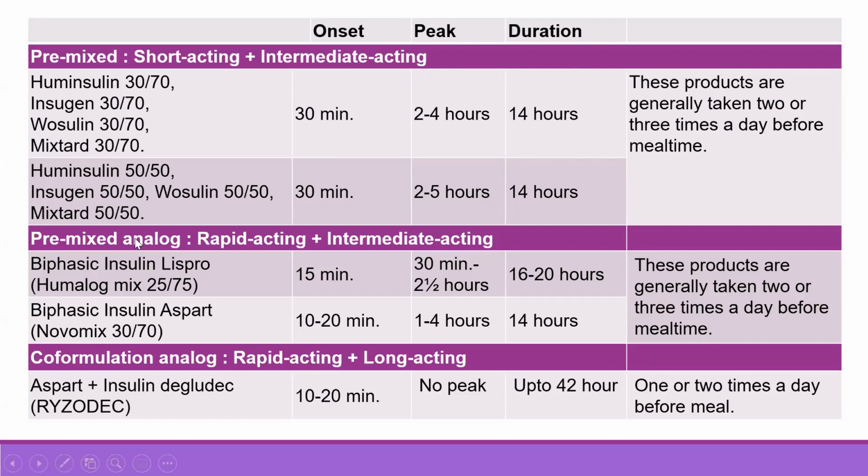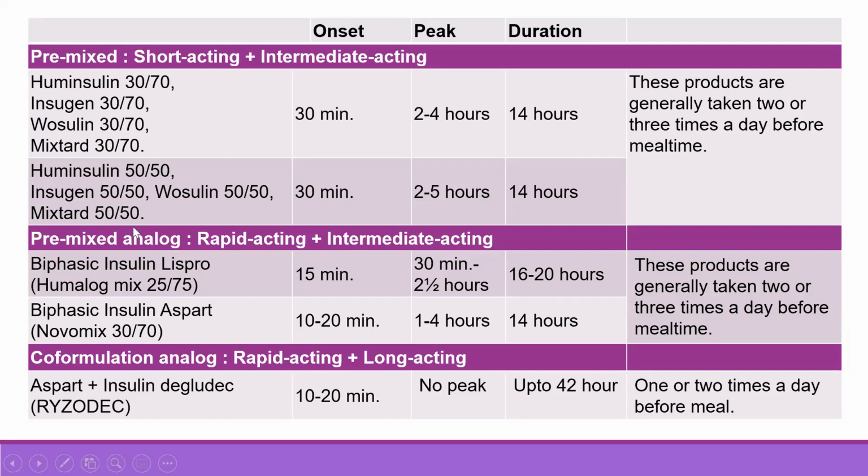Now we also have combinations of rapid-acting insulin and intermediate-acting insulin, also available in different fixed proportions. We have 25-75 and 50-50 proportions of rapid-acting and intermediate-acting insulin, and we also have aspart as a rapid-acting analog insulin combined with intermediate-acting insulin in two different proportions, 30-70 and 50-50.